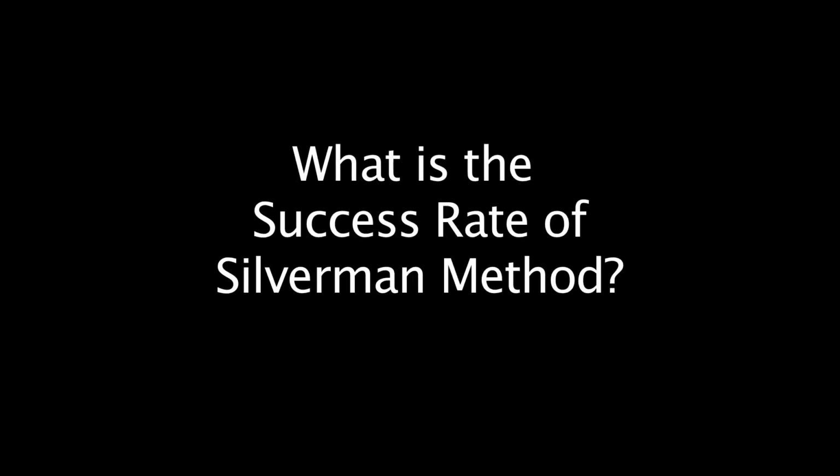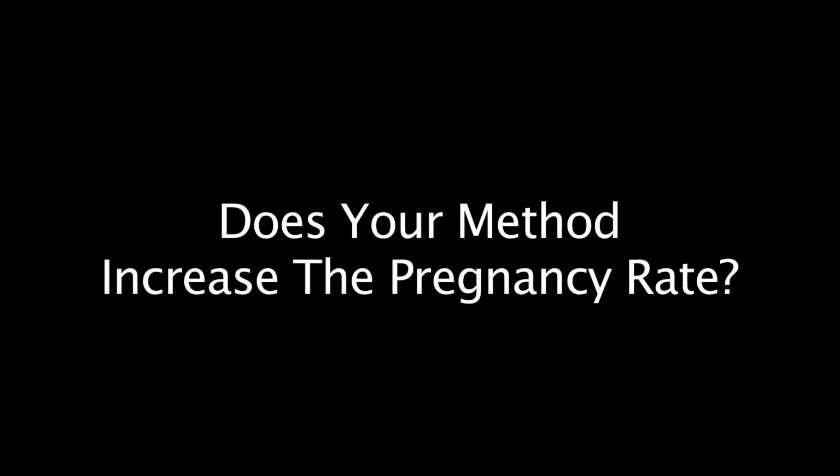What is the success rate using the Silverman method? The success rate of the Silverman method will be 99% of the chosen sex, but it will not increase the pregnancy rate of conceiving. Does your method increase the pregnancy rate? The Silverman method does not increase the success rate of conceiving by IVF technology.